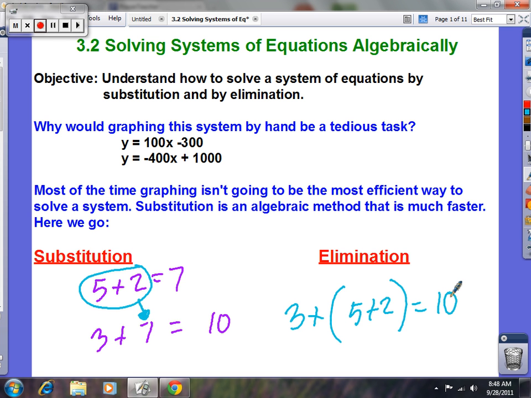So now look what I got. My original statement was 3 plus 7 equals 10. And now I've got 3 plus 5 plus 2 equals 10. But I don't have the 7. I swapped them out. I substituted a different 7 for the 7. Does that make sense, Ray?